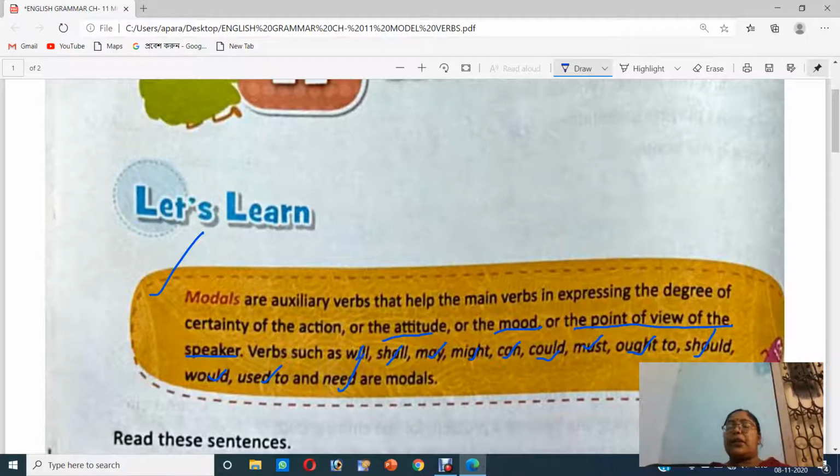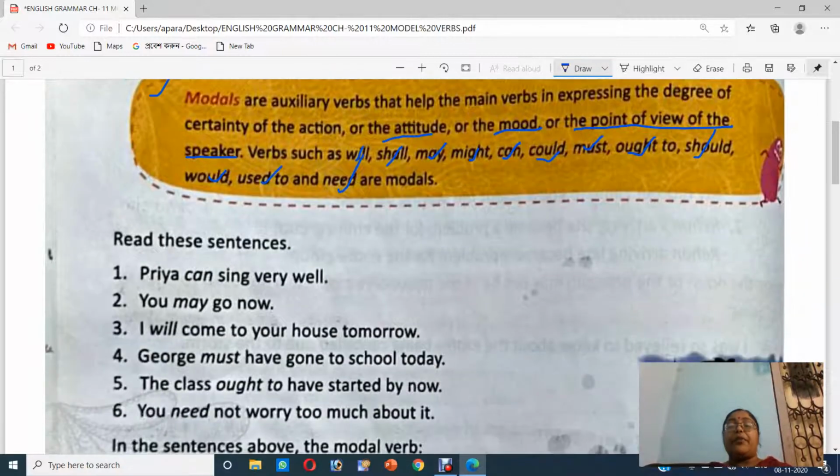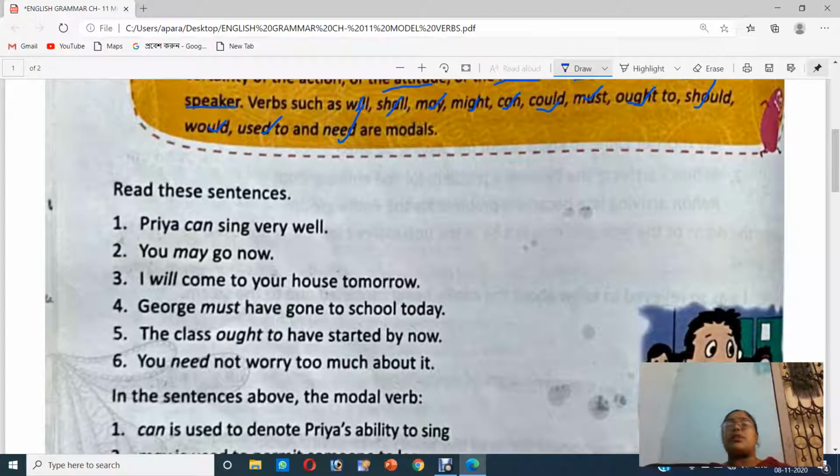These are the different kinds of modals. You all can note it down in your copies, the different kinds of modal verbs which are used. Now just see here in your book, there are many sentences given where you will learn different uses of modals, how modal verbs are used in sentences.